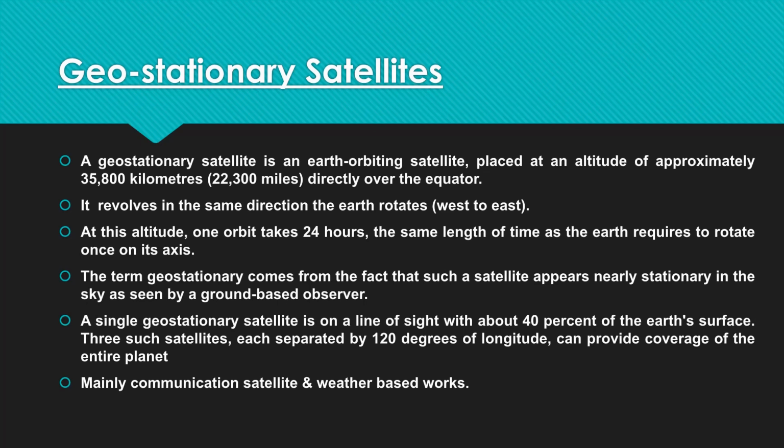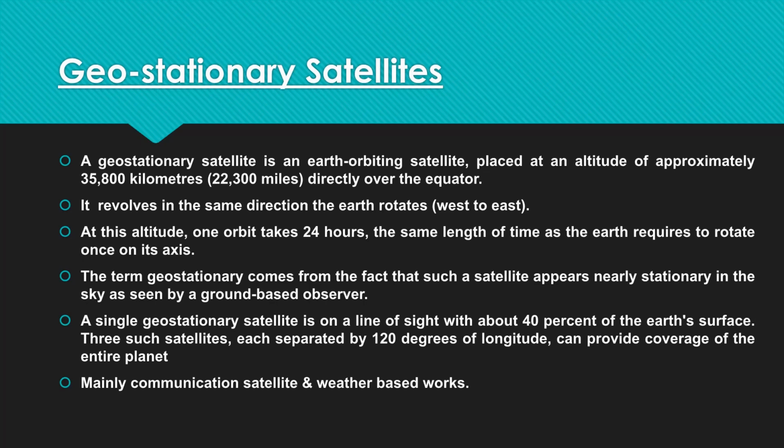Like Earth rotates on its axis in 24 hours, a geostationary satellite also takes approximately 24 hours to take one full round of its orbit.